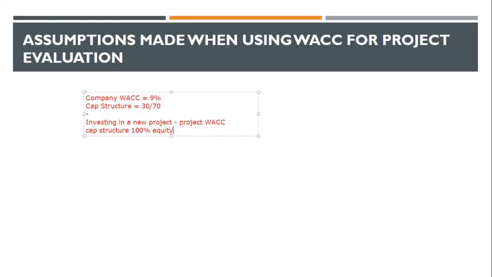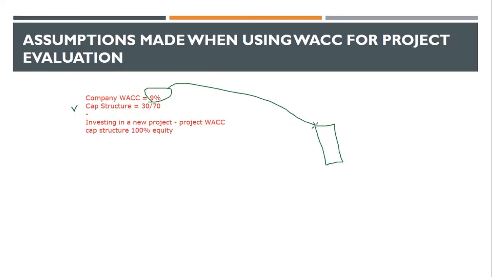So when you talk about using the WACC in any particular project, if you want to use this 9% on a new project, you assume that the new project has the same capital structure as the company.